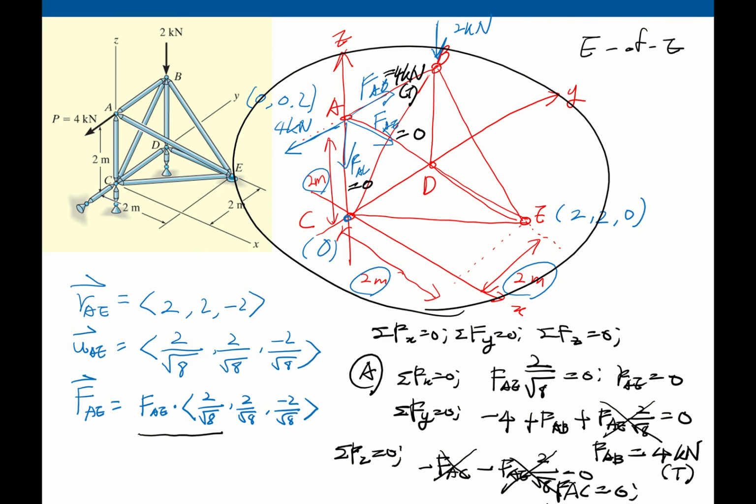Now we can move on to point B. If you look at point B, there is an external force which is 2 kilonewton here, and there is a tension. That means the left direction, because this is a pulling force. It's in tension, pulling from point B, so the left-hand direction, and there are three other unknown forces. Since we have 3 equations and 3 unknowns, this is solvable.